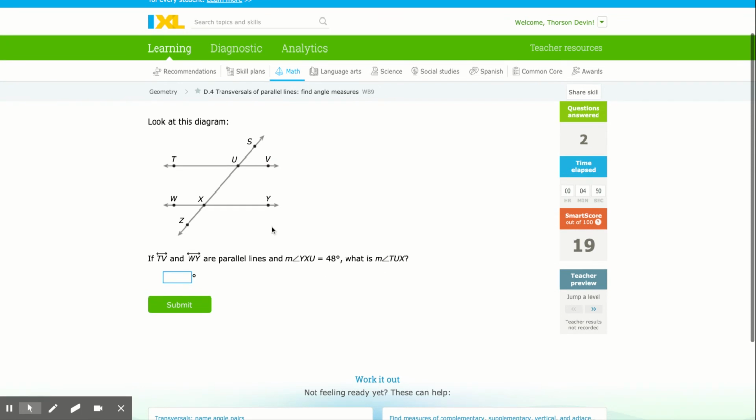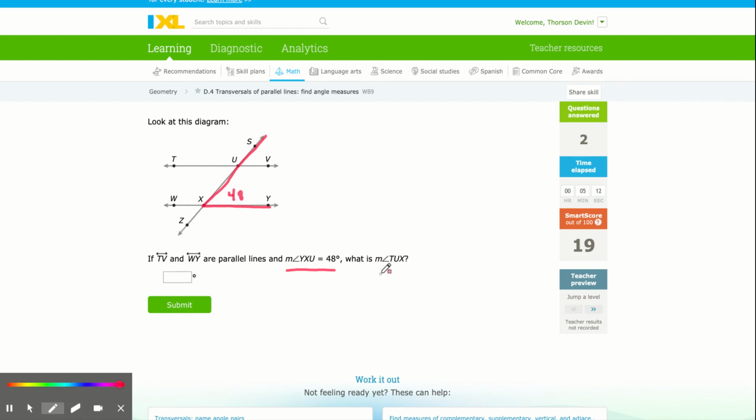Again, as a reiteration, these two parallel lines are cut by a transversal, and we're just finding congruent angles. So the first thing I might do now is find YXU. So I'm going to find Y, go to X, and then go out through U. I know that red angle is 48 degrees. Now let's see what angle they want me to find. They want me to do TUX.